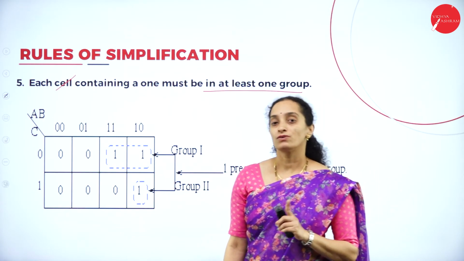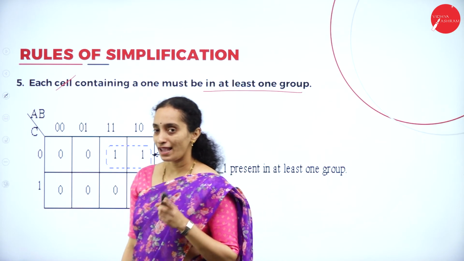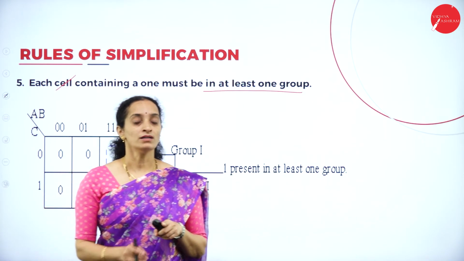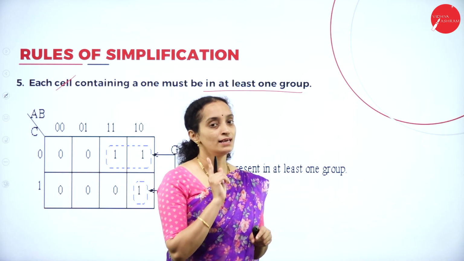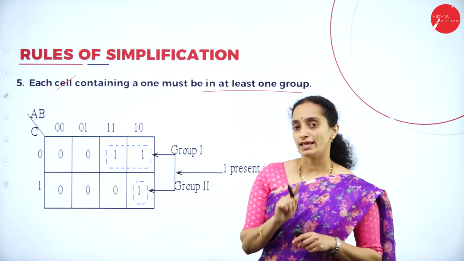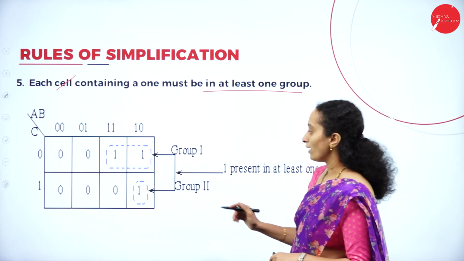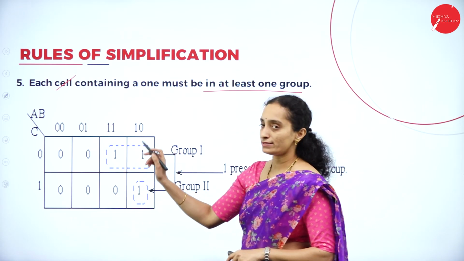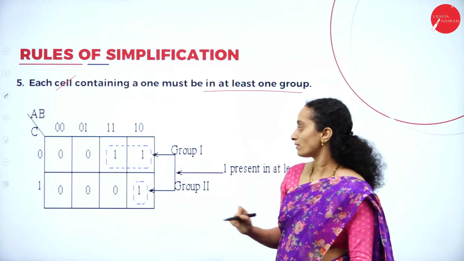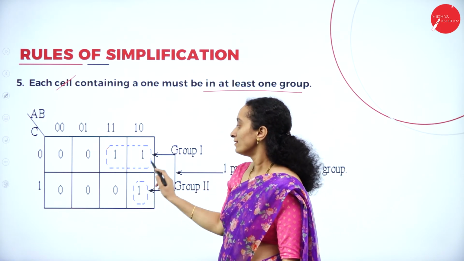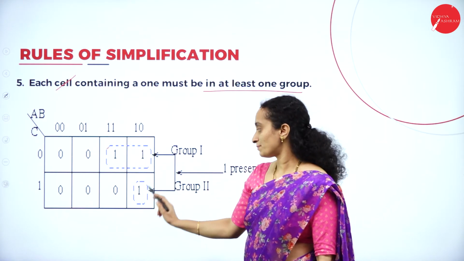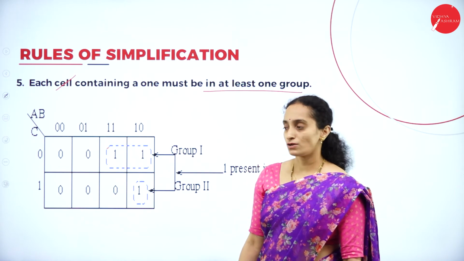That means you cannot skip any min term or any one value in the K-map. You have to include all the ones in the group. Here all the 3 ones must be present in the group.